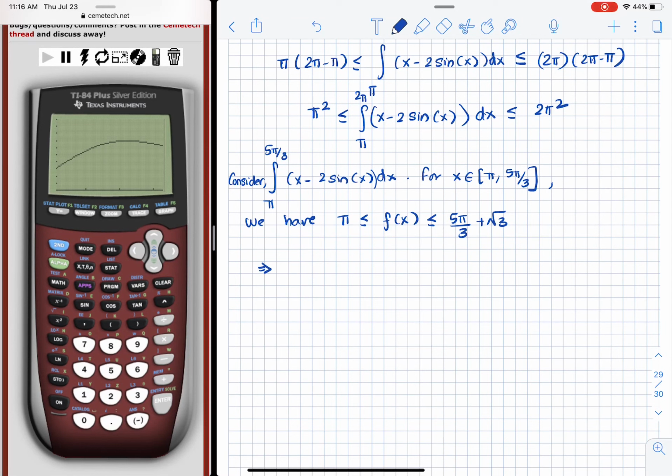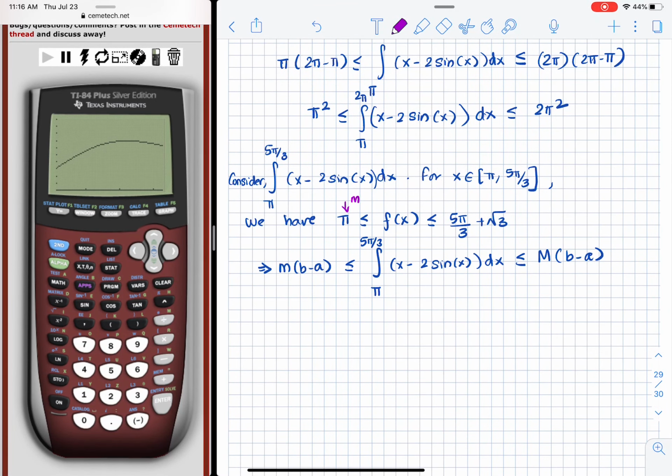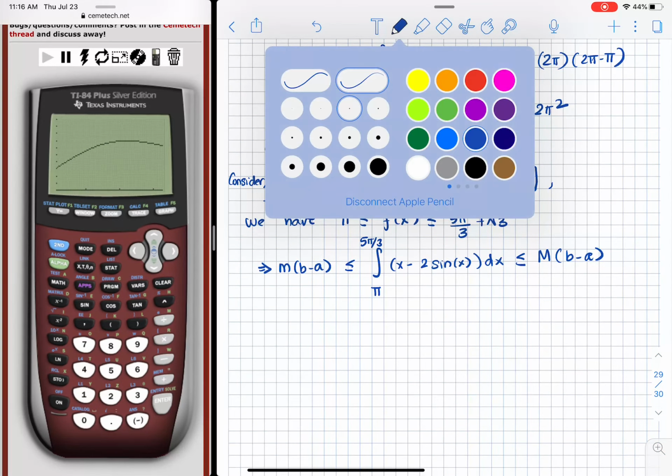It could only mean that the integral from pi to 5 pi over 3 of x minus 2 sine x, which is our function, must lie between lowercase m times b minus a and uppercase m times b minus a. Lowercase m here is pi, and uppercase m is 5 pi over 3 plus root 3.